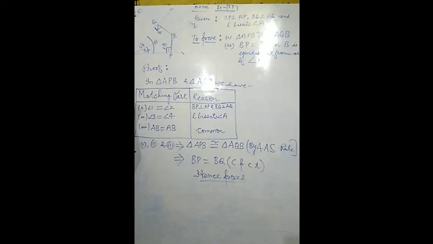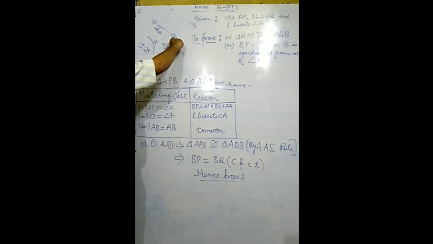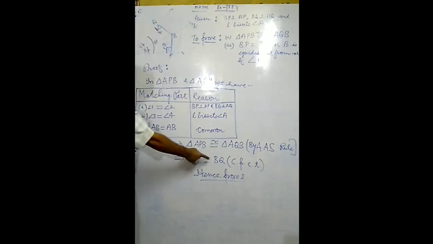So the criterion is angle, angle, side, and the same is noted down there. If both triangles are congruent, the first part is proved. Now the second part: on the basis of CPCT, this part of the lower triangle is equal to this part of the upper. So BP equals BQ, and the reason is CPCT.